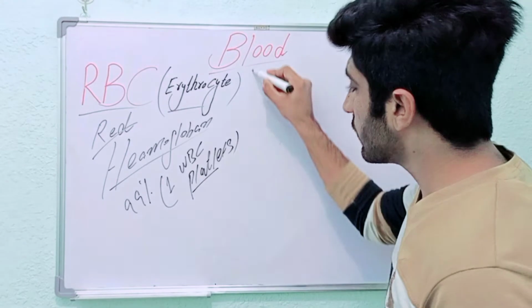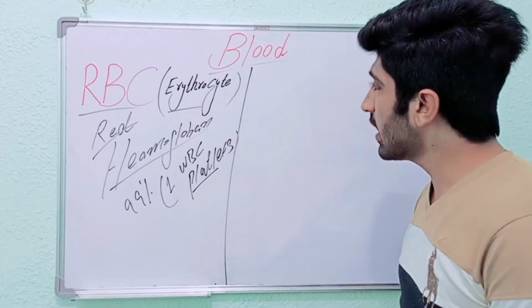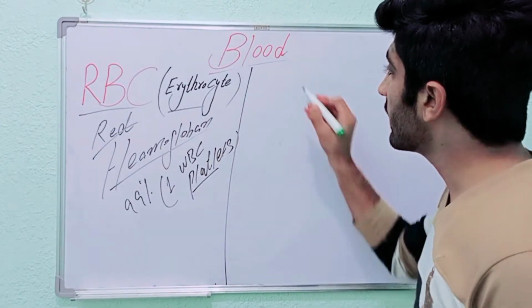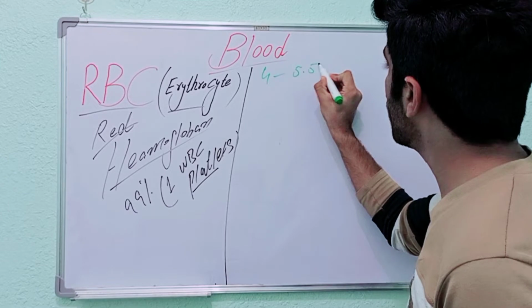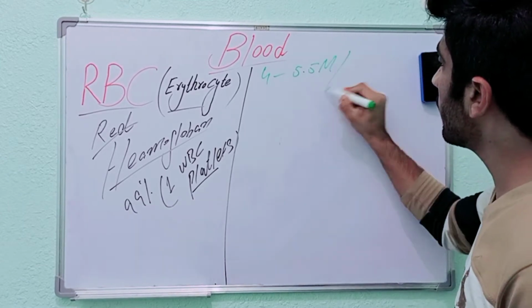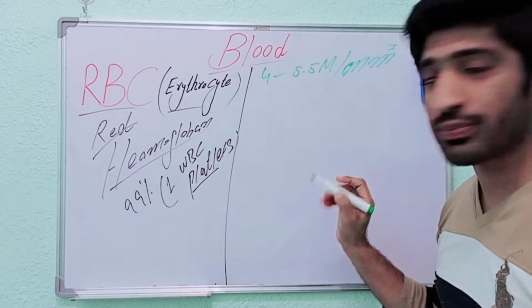If we talk about the volume of RBCs in the blood, students, the volume of RBC in the blood is 4 to 5.5 million per cubic millimeter.